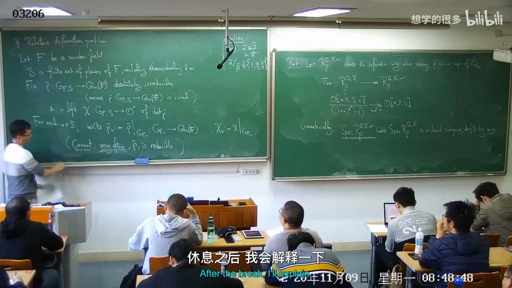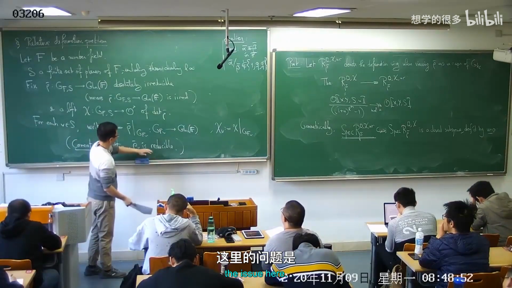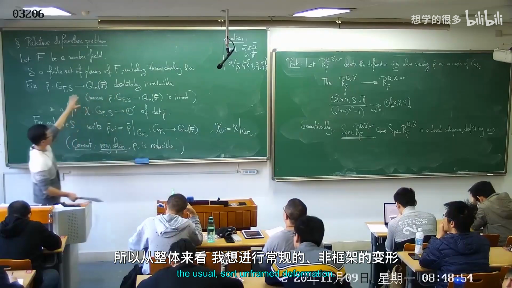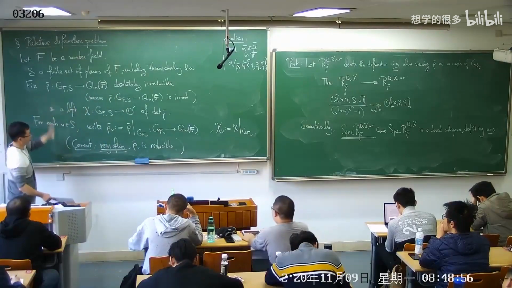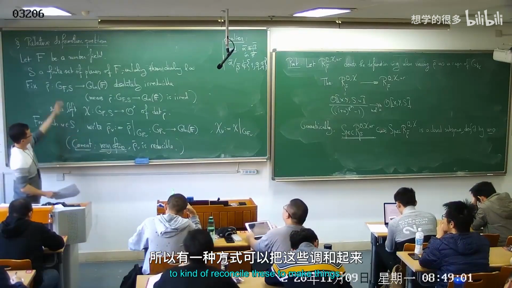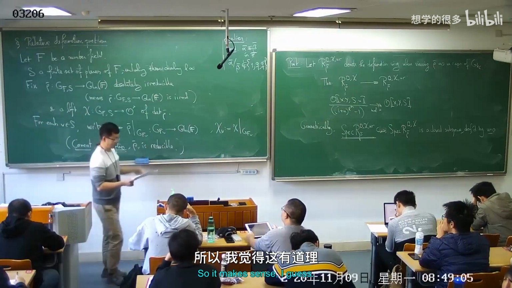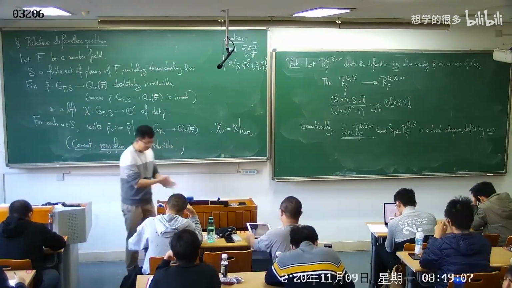After the break I'll explain the issue here. Globally I want to make the usual unframed deformation, but locally we have to use a framed deformation. There's a way to reconcile these to make things make sense. Okay, take a break.